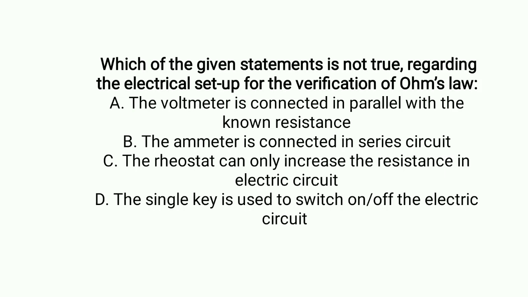Option B, the ammeter is connected in series in the circuit. Option C, the rheostat can only increase the resistance in the electric circuit. Option D, the single key is used to switch on or off the electric circuit. Here we have to find which statement is not correct.